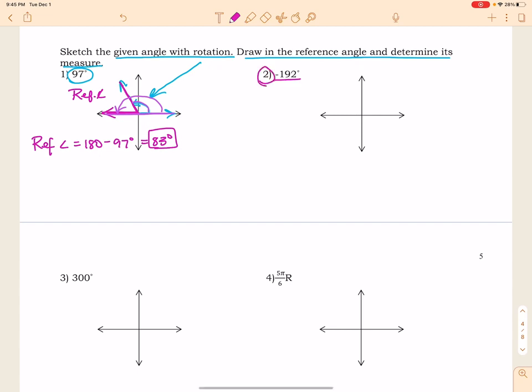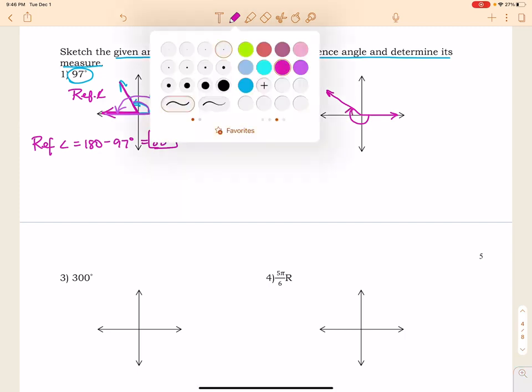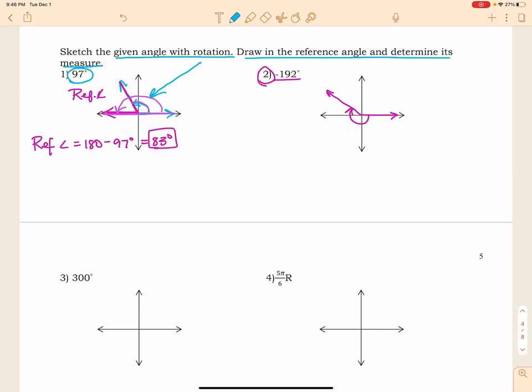Okay, second example. I've got negative 192 degrees. So I start on the positive x-axis, and I'm going to move clockwise through quadrant 4 and 3 up through part of quadrant 2, because that is more than 180 degrees. So that is showing my rotation right there. And then I need to discern which one is the reference angle.